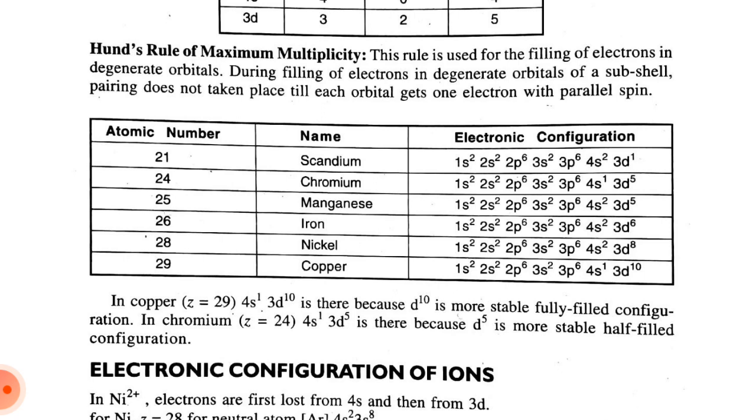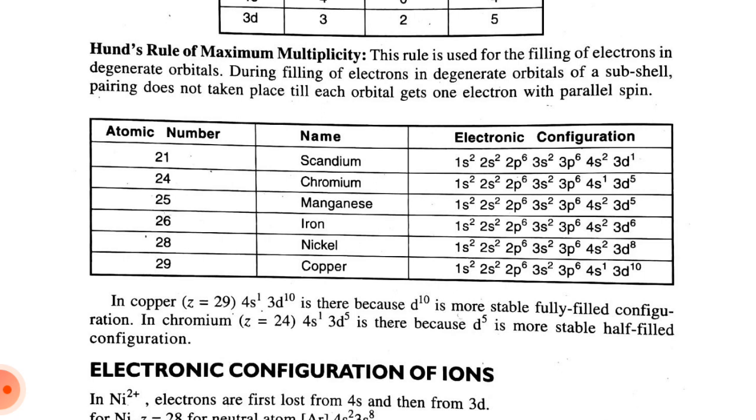Atomic number 24, chromium: 1s² 2s² 2p⁶ 3s² 3p⁶ 4s¹ 3d⁵. Atomic number 25, manganese: 1s² 2s² 2p⁶ 3s² 3p⁶ 4s² 3d⁵. Atomic number 26, iron: 1s² 2s² 2p⁶ 3s² 3p⁶ 4s² 3d⁶. Atomic number 28, nickel: 1s² 2s² 2p⁶ 3s² 3p⁶ 4s² 3d⁸.